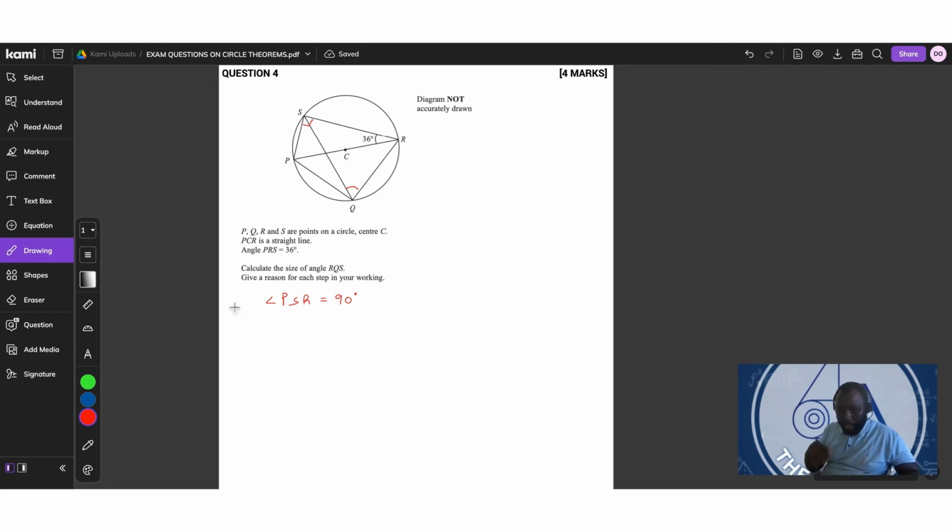The reason is, so we write the reason under it, angle subtended by the diameter is 90 degrees. So that is angle PSR.